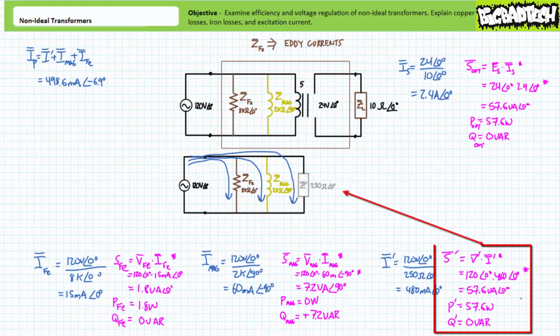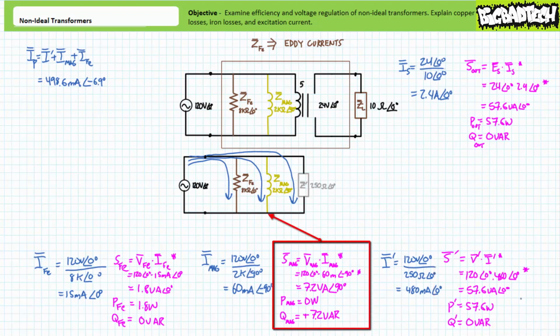The power equation demonstrates the reflected impedance will still consume 57.6 volt amperes of apparent power, all of which is being directed towards 57.6 watts of real power, and none of it towards a reactive interchange. The power equation additionally demonstrates the inductor accounting for both magnetizing current and hysteresis will still consume 7.2 volt amperes of apparent power, none of which is being directed towards real power, and all positive 7.2 VARs is being directed towards a reactive interchange.